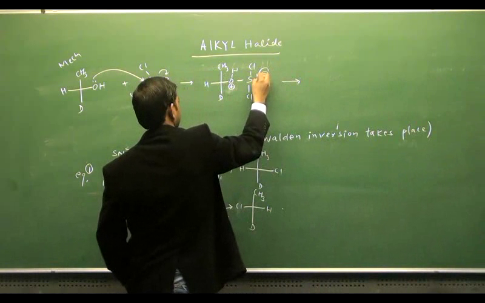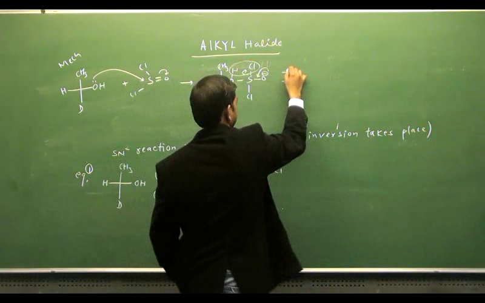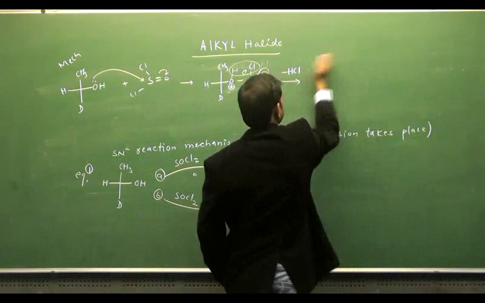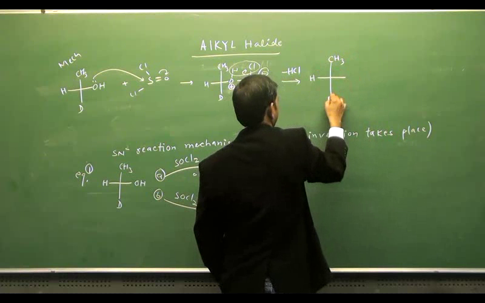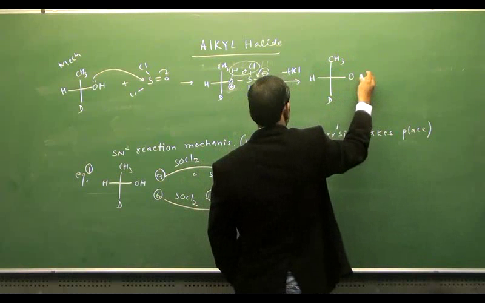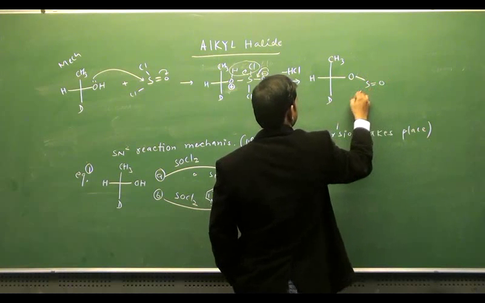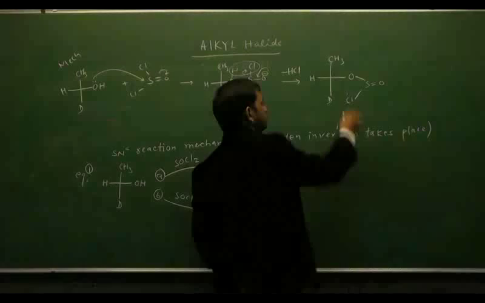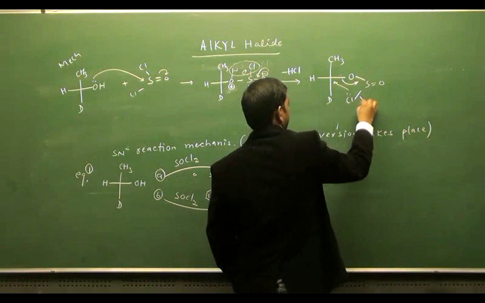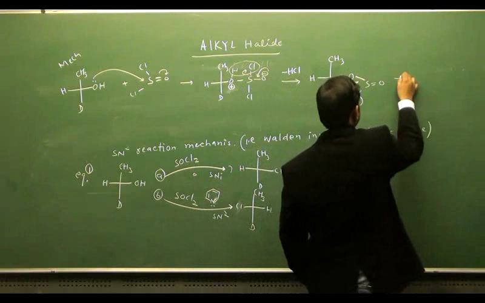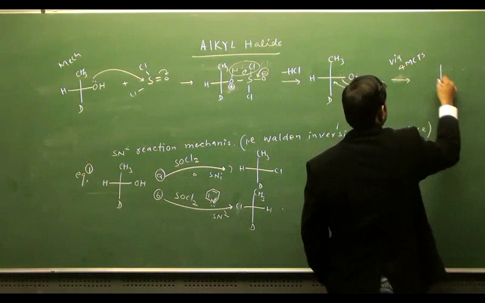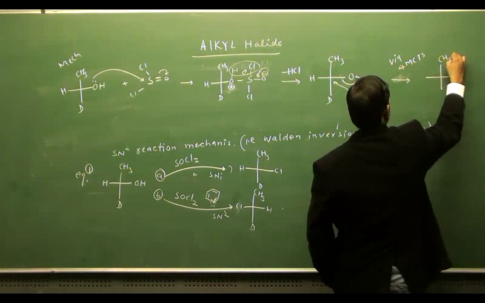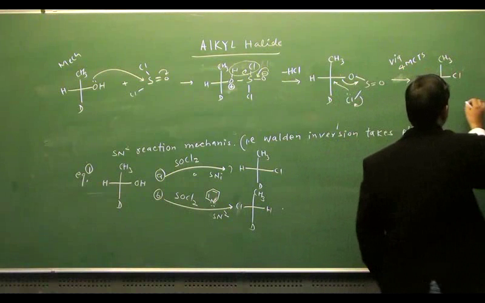Next it removes the Cl, it removes HCl, and we obtain CH3, H, D, O, S. Via a 4-membered cyclic transition state it attacks and removes the HCl, that is SO2, and it gives the product Cl plus SO2.